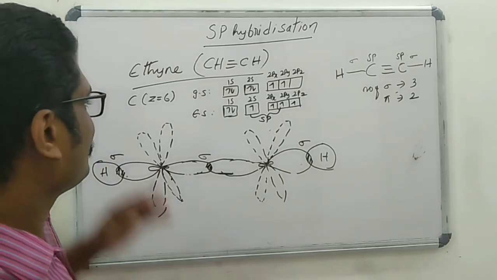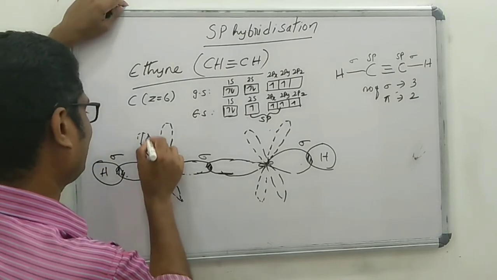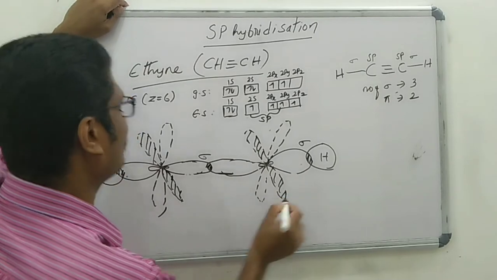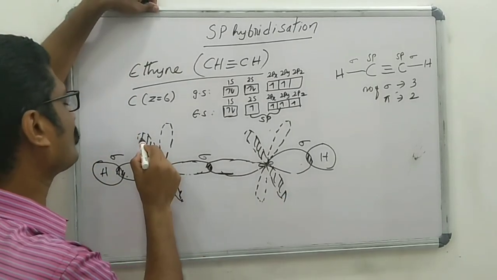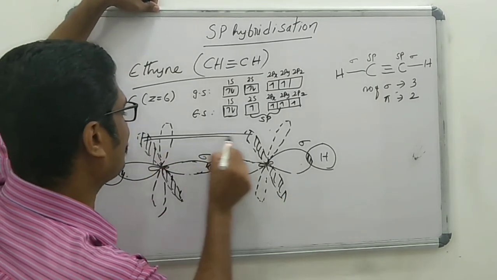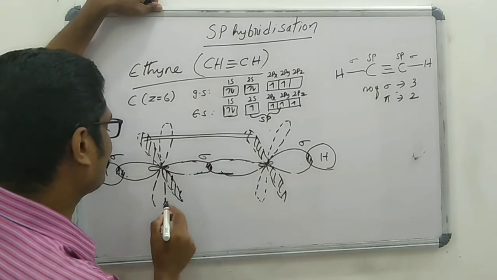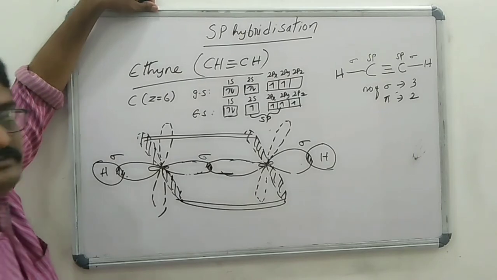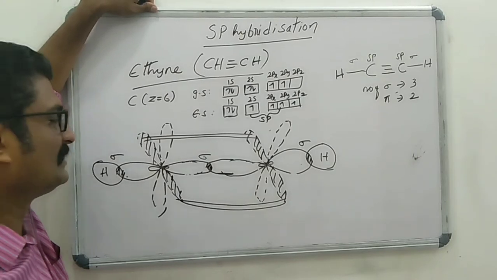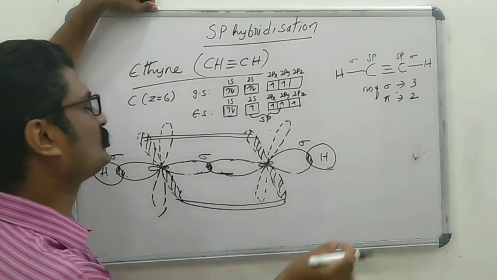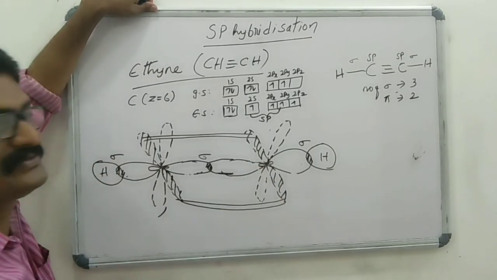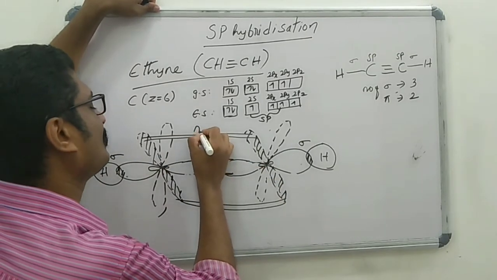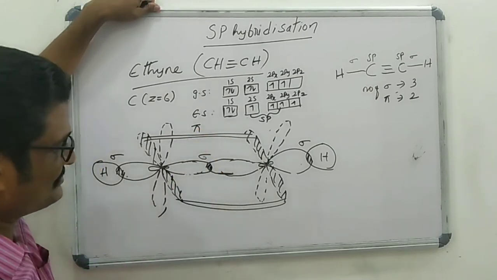Then the unhybridized 2py orbital of the first carbon atom overlaps sidewise with the unhybridized 2py orbital of the second carbon atom and forms one carbon-carbon pi bond.